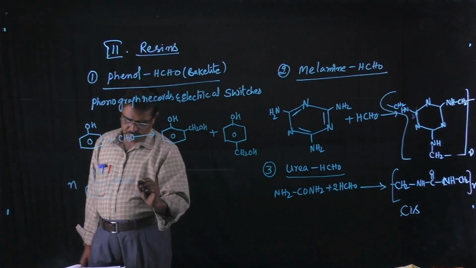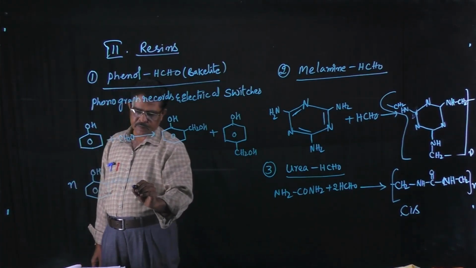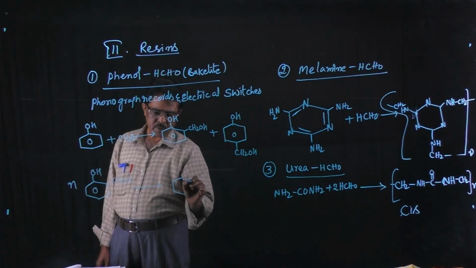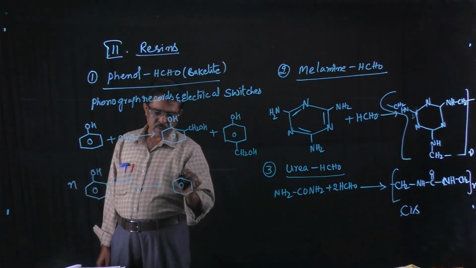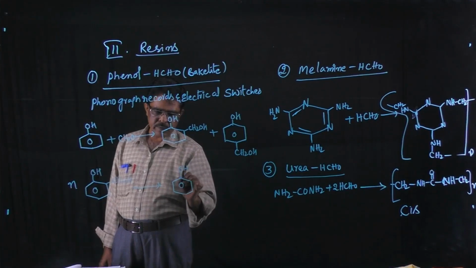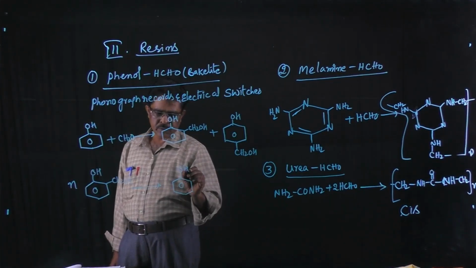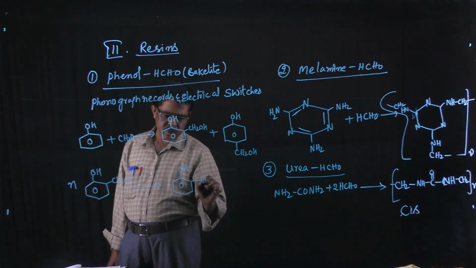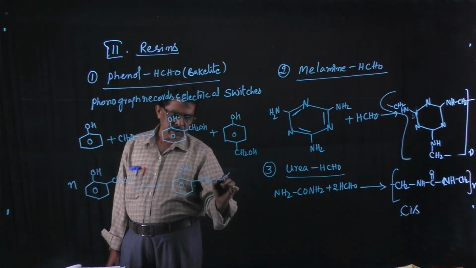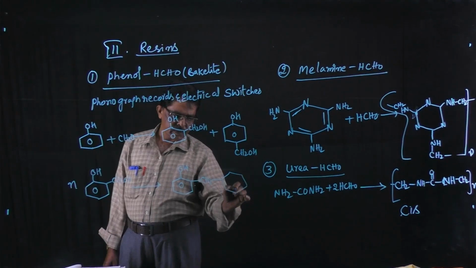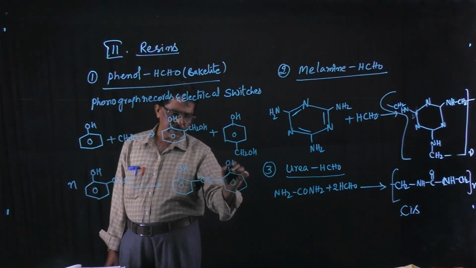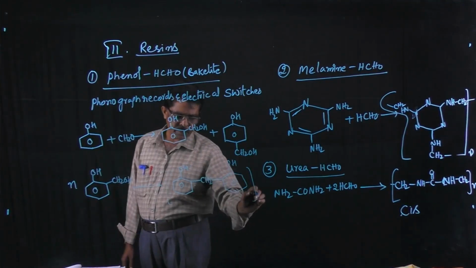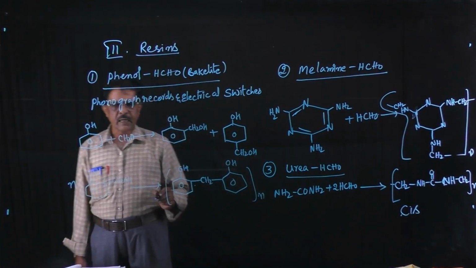Then polymerization gives, OH goes out and CH2, here OH. This type of polymer is formed. So this is called a bakelite.